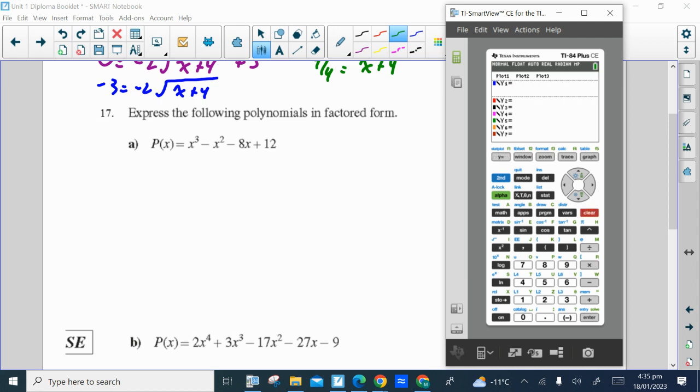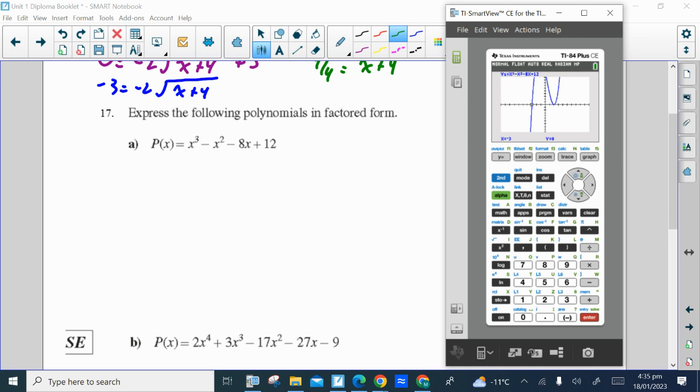So it's x cubed minus x squared minus 8x plus 12. It looks like negative 3 is an x-intercept. So if we go trace and let x equal negative 3, y does equal 0 there, so that confirms it.